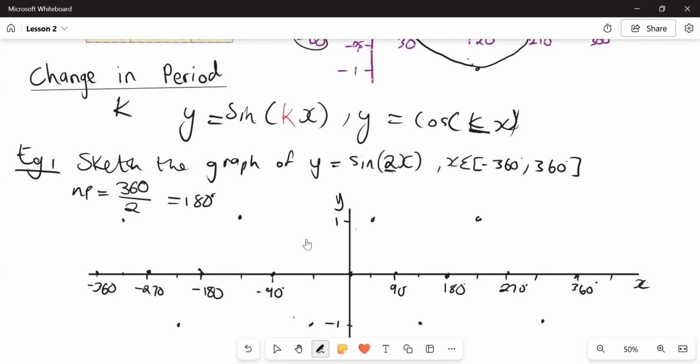And now we can draw the graph. We're just joining the points.